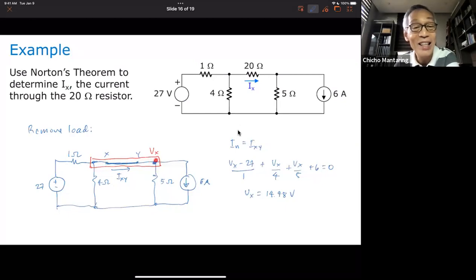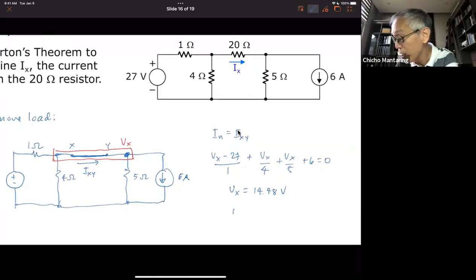Well, this is only one node, ano? But you can actually have subnodes. This is one subnode. This is another subnode. So you can apply KCL to this particular subnode. So if we do that, what is our equation for IXY?